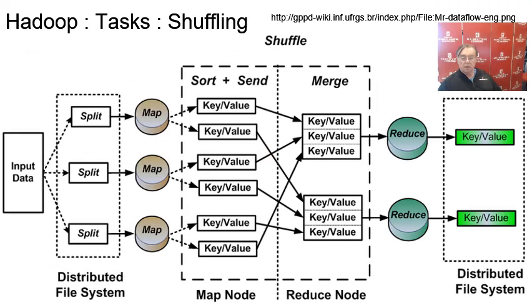Here is another example of this. We have the mappers. They produce key value pairs. And they are sorted and sent. They're merged together as needed for the reduction. So each reducer has the data it wants and only the data it wants. The reducer will often just say it's given 1,000 keys.